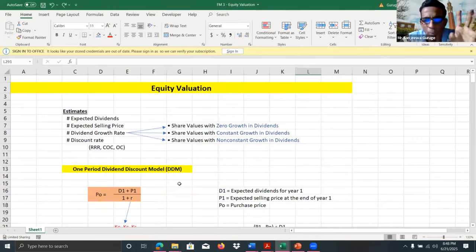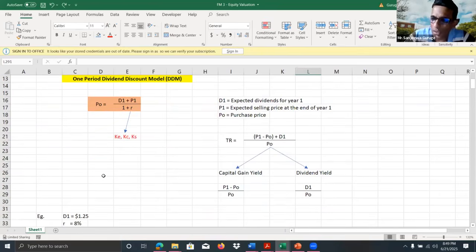If we do this valuation from the investor's point of view, the estimates we have to do may be relatively less, because a particular investor planning to invest for only 1 period or 2 periods can use simple models. But from an organization's point of view, when a company is planning to acquire another company, what will happen? It is not possible to use these 1 period, 2 period models.